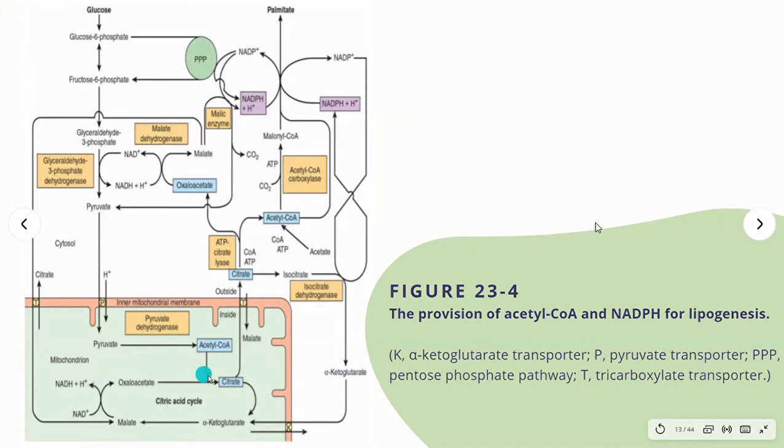You know what is this? There's the name, citric acid cycle. All right. You know what is this? This one going down here. This is glycolysis. What is the end product of glycolysis? Pyruvate. Where does pyruvate go? Into your mitochondrion.